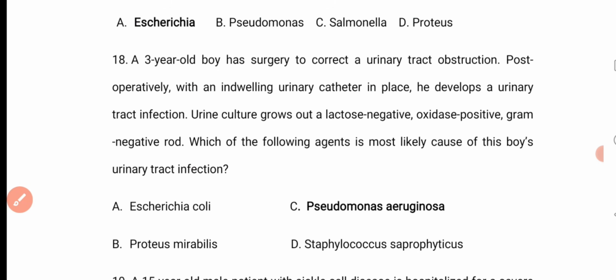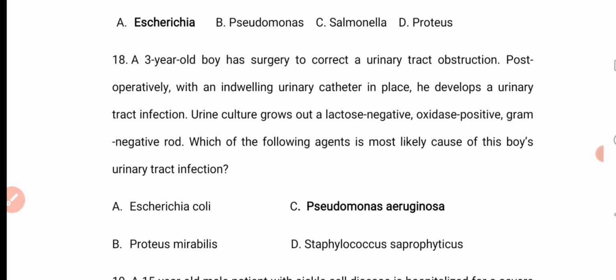The next is a 3-year-old boy who has surgery to correct a urinary tract obstruction. Post-operatively, with a urinary catheter in place, he develops a urinary tract infection, and the urine culture shows a lactose-negative, oxidase-positive, gram-negative rod. Which of the following agents was the most likely cause of this boy's urinary tract infection?